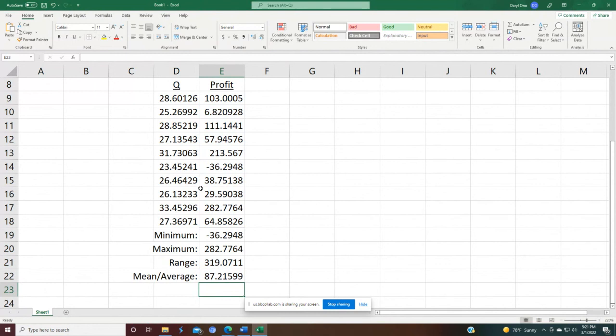On average, we're going to get a profit of $87. What is the median? You know what the median is then, right? The median is the number where half the observations are above, half the observations are below. So here then we have the median.